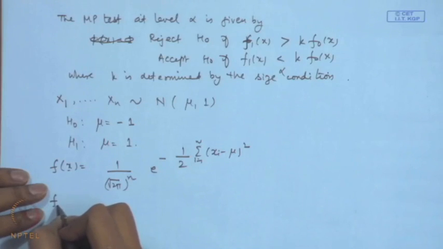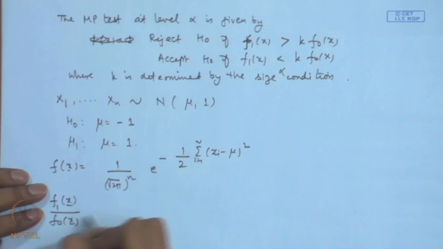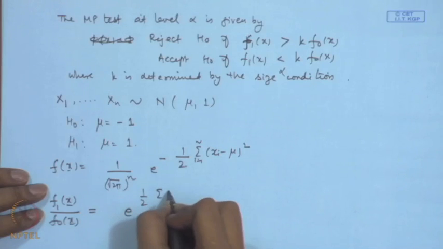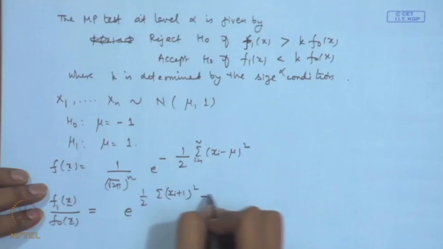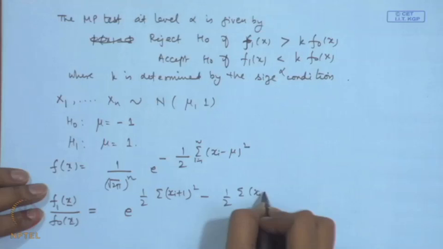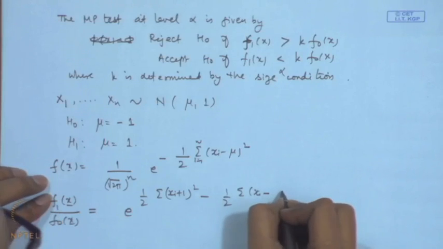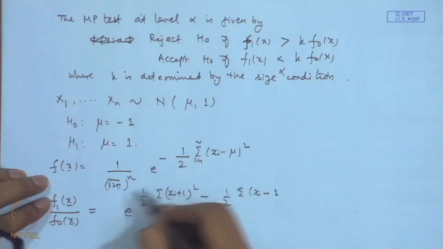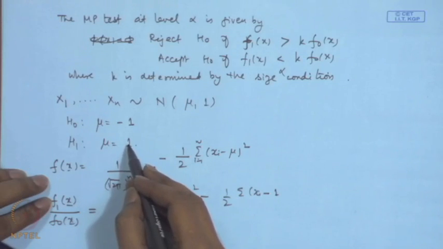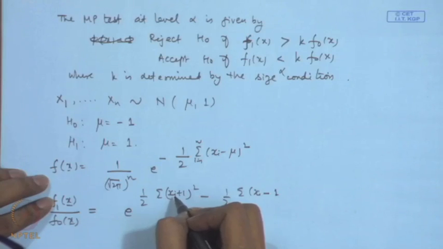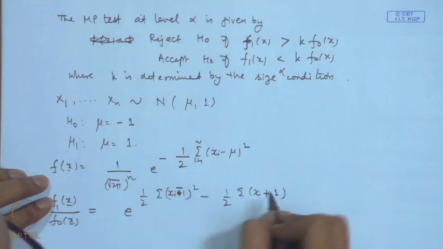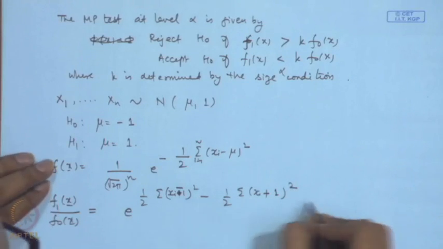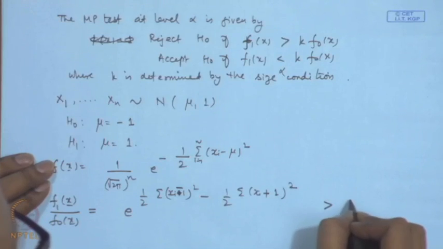So, if we consider f 1 of x by f naught of x, that is equal to e to the power half sigma (x i plus 1) square minus half sigma (x i minus 1) square. f 1 corresponds to mu is equal to 1, so this will be with the minus sign here and this will be with the plus sign here. So, we are saying it is greater than k.